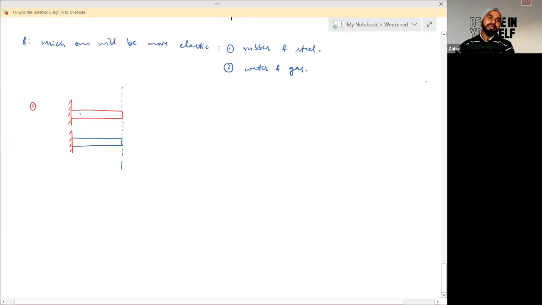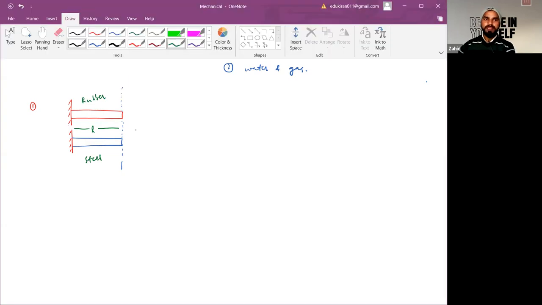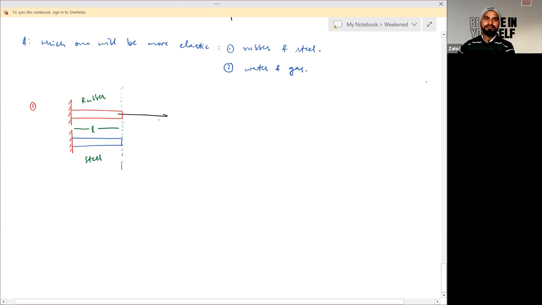Let's say in the first part I have taken this as rubber and this as steel, both having the same length L and the same area of cross section. Now, if you apply the same deforming force on each of them, which one of them will get extended by more? You will say rubber will elongate more.